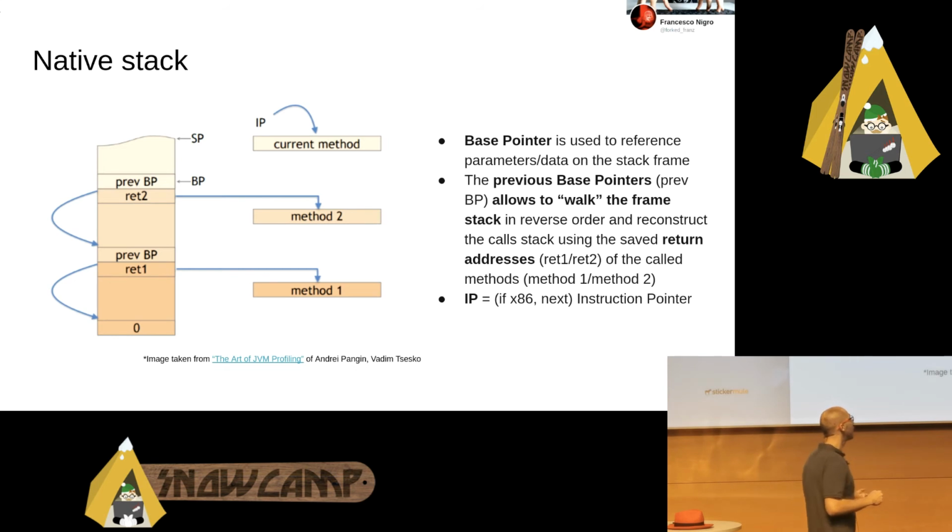And then each time you have a nested call, like before with A that called B that called C, starting from the bottom to the top, you have the stack created for each one of these calls. Arriving to the last one on the top, we have this base pointer that points to the base of the stack that contains the parameters of your methods. Okay? And the stack pointer instead points to the top.